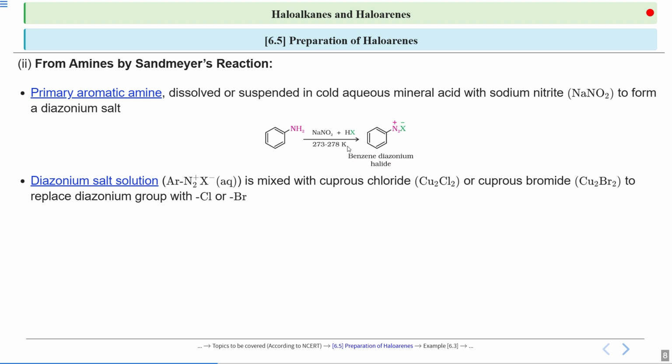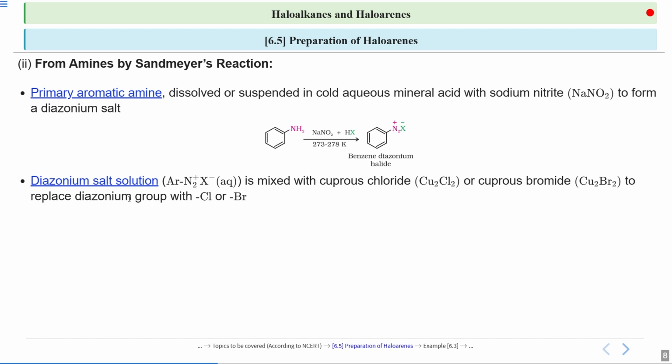The diazonium salt solution, that is this salt you are getting, is mixed with cuprous chloride, that is Cu2Cl2, or cuprous bromide, Cu2Br2, to replace the diazonium group, this N2 X negative, with Cl or Br, right?